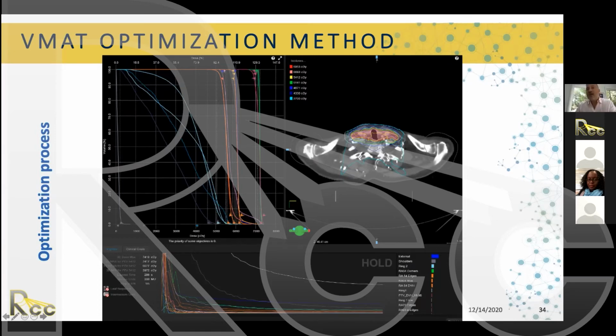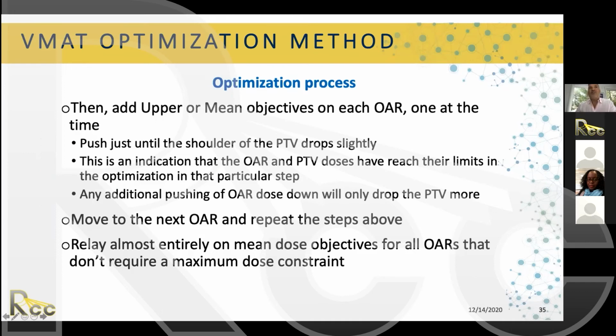So you're gonna be running these until you see that the algorithm stabilizes. Then when you reach that point that the algorithm is stable, I mean, that's it, you got good coverage, then you're gonna start adding the upper and mean objectives to the ORs, one at a time.